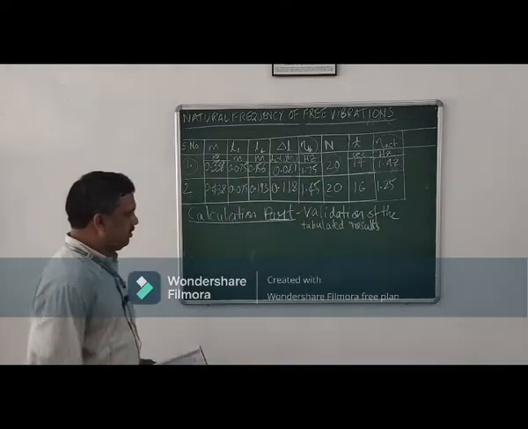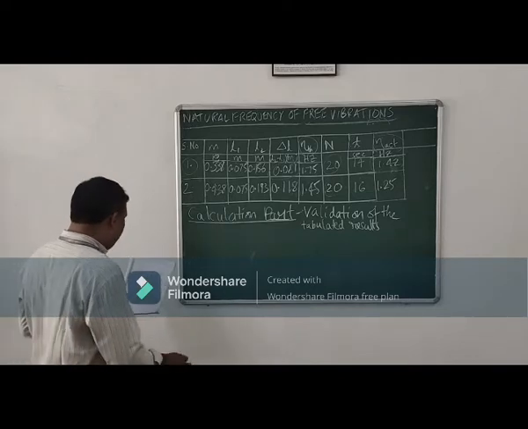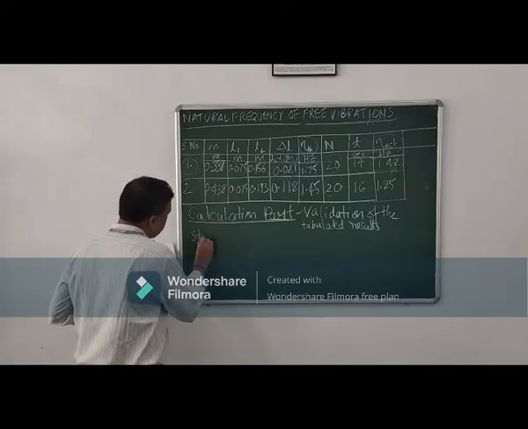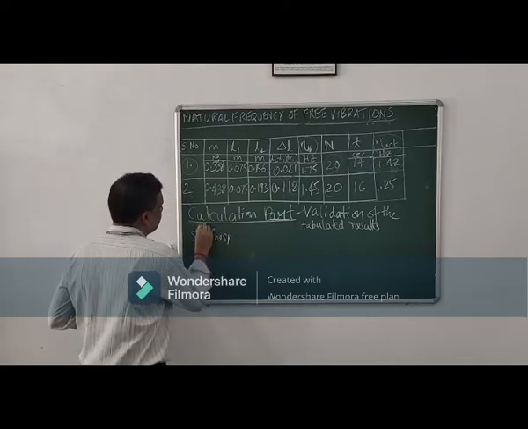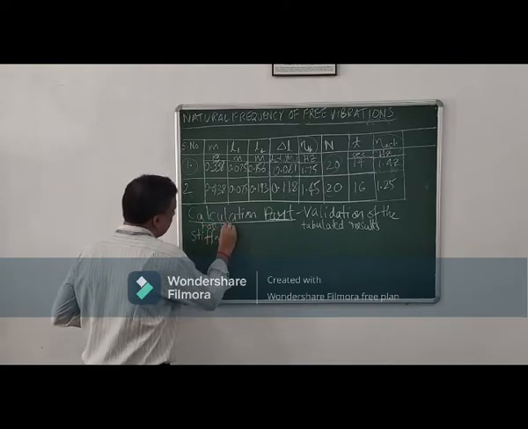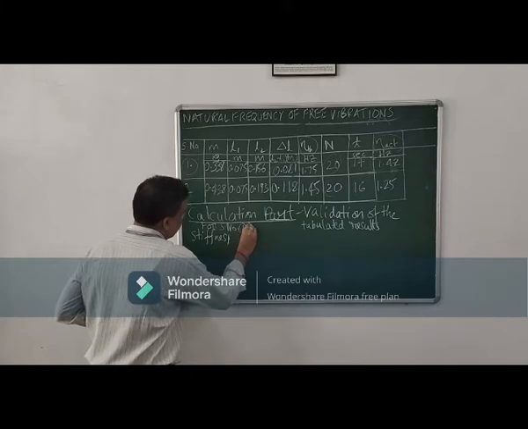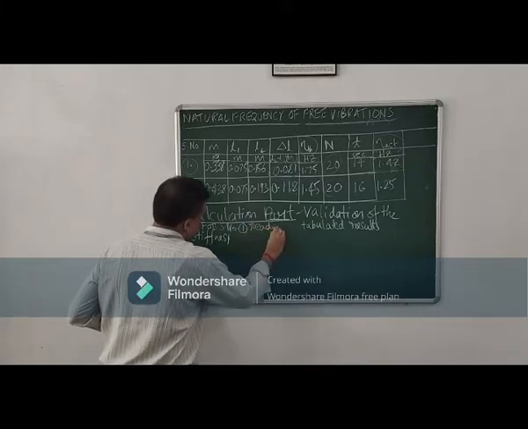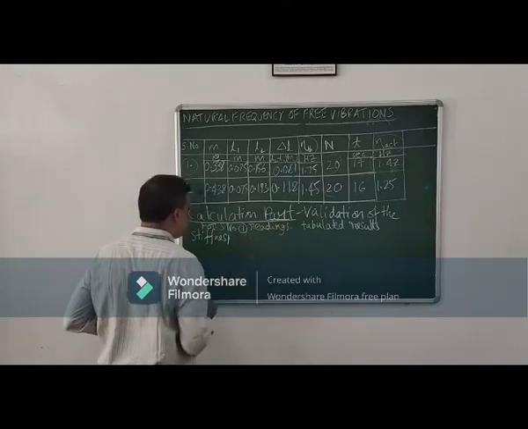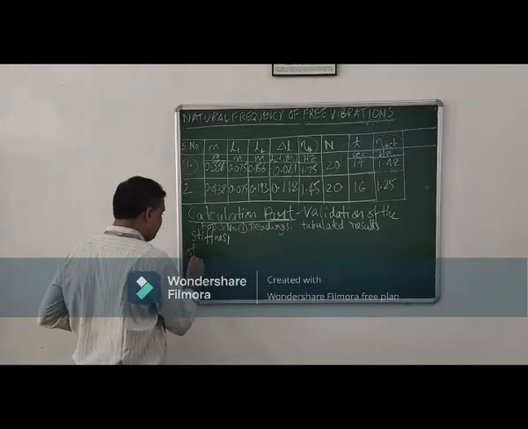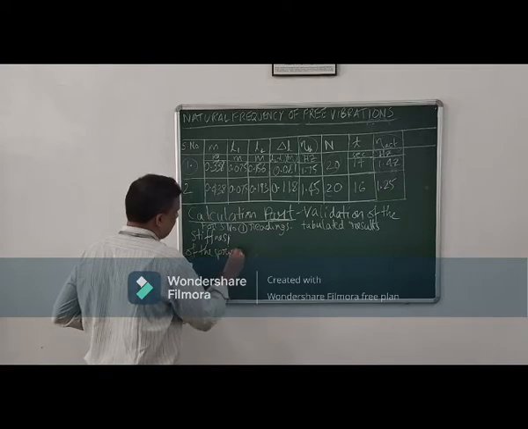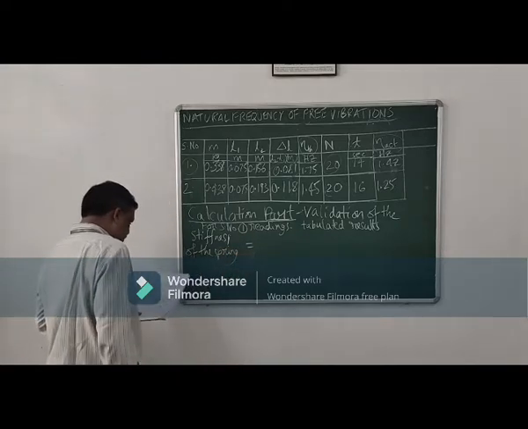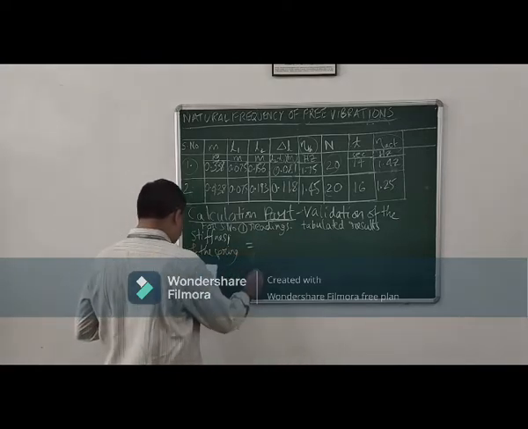For serial number 1 readings, we need to calculate the stiffness of the spring.